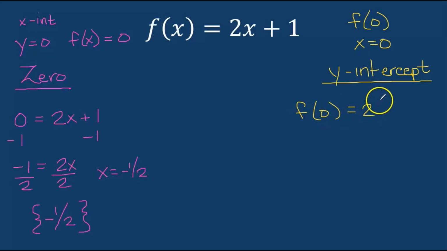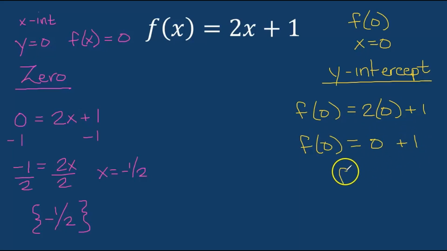That means we're going to have 2 times 0 plus 1 right here. So this is 2 times 0, which is 0, plus 1. And so our y-intercept is 1. And we have a single y-intercept.